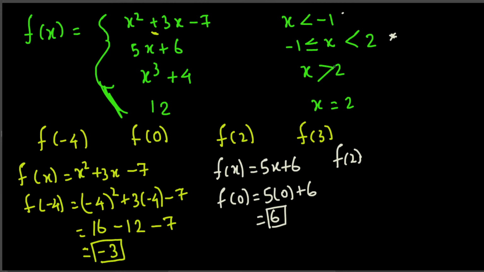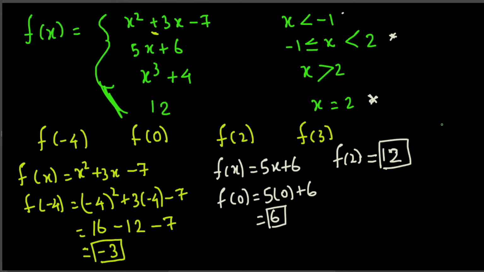And here x is greater than 2, and here we have x is equal to 2. So this is the only condition that applies, because we are looking at f of 2, and when x is equal to 2, the answer is 12. This is a direct answer, they already have a value when x is equal to 2, that is 12. So we just put it right there, and that's the answer for f of 2.